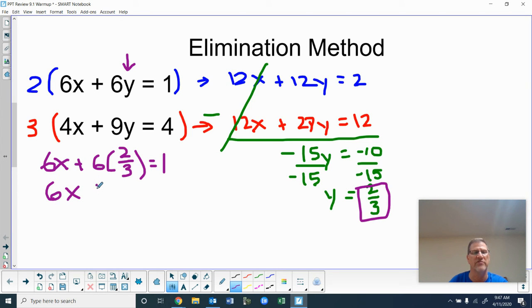And again, you could do that on your calculator if you needed to. And then solve for x. Subtract your 4. So you get 6x equals negative 3. Divide by the 6.